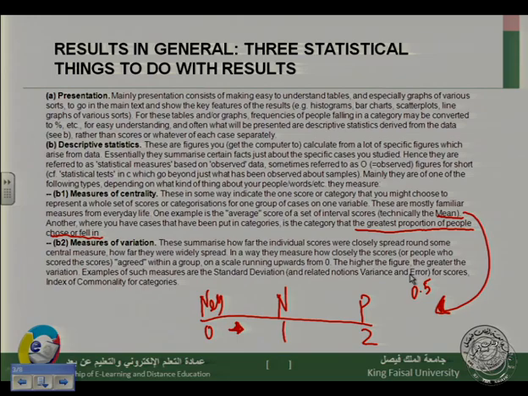Like the example here, where is the greatest proportion? All your people fell in here or here or here. Then you show this is the highest category or the highest score that my participants selected. Don't bother about these definitions.